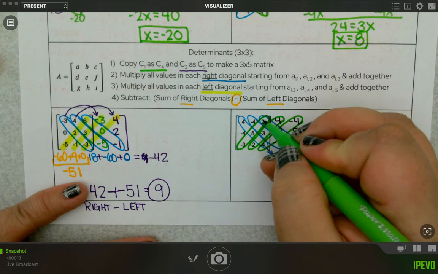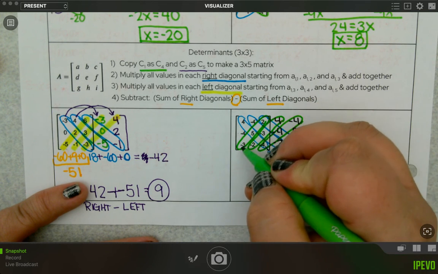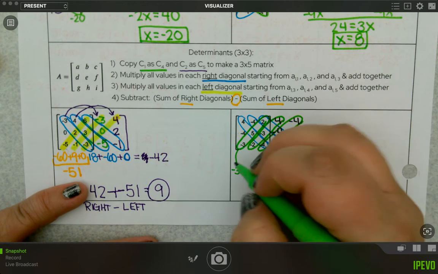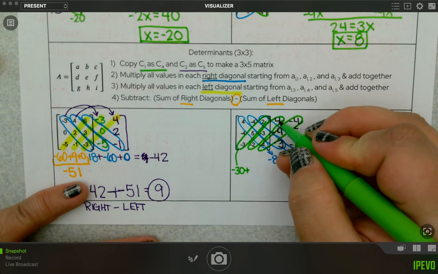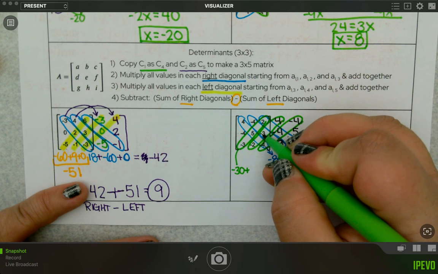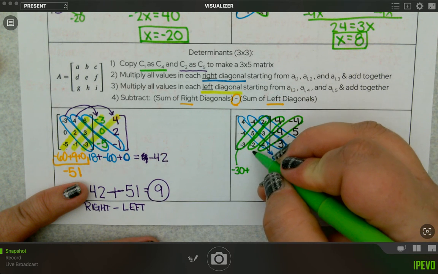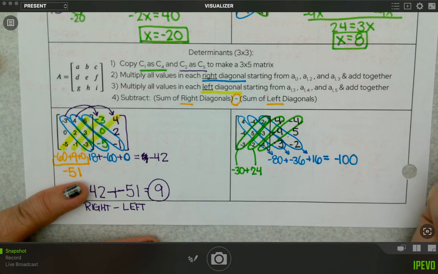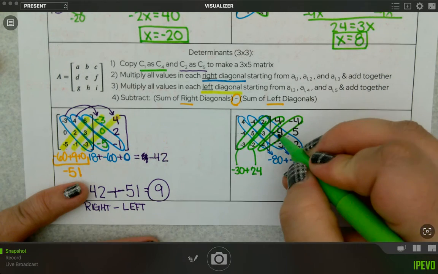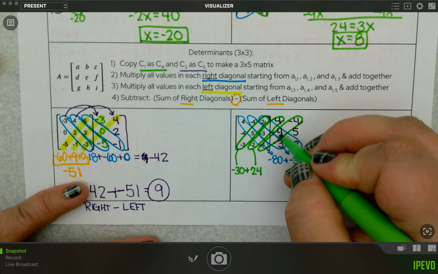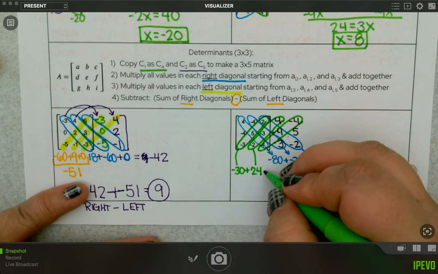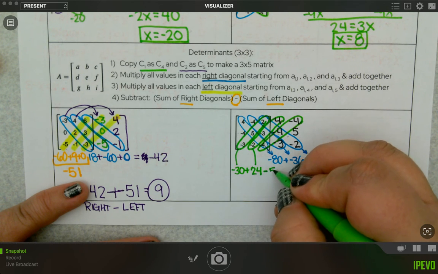Okay, so 2 times 5 is 10, times negative 3 is negative 30. 4 times negative 3 is negative 12. Negative 12 times negative 2 is 24. Negative 4 times negative 4 is 16. 16 times negative 4 again is negative 56.